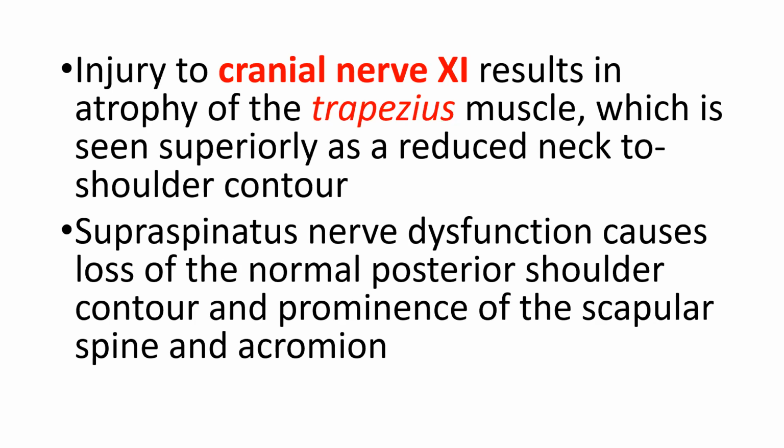If you know the nerve supply, then you can say what is occurring, which is seen superiorly as a reduced neck to shoulder contour. You see that there's a dissymmetry. The suprascapular nerve dysfunction causes loss of normal posterior shoulder contour and prominence of the scapular spine and the crown.